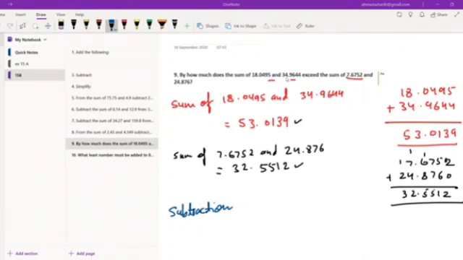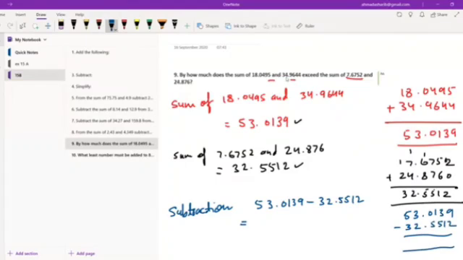Okay, so let us now subtract 53.0139 minus 32.5512, and the answer will be 9 minus 2 is 7.